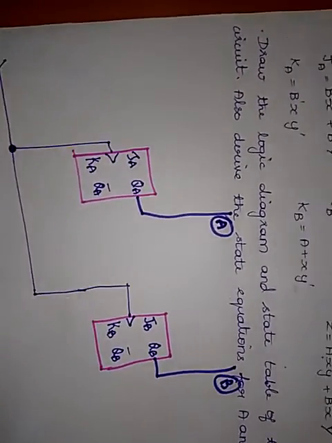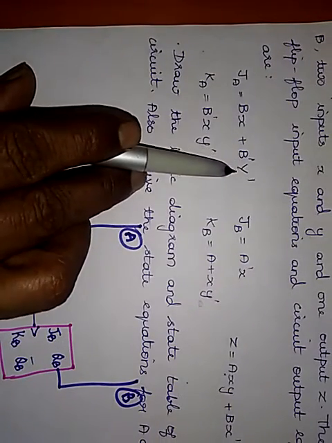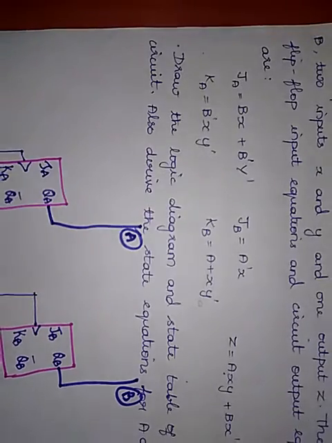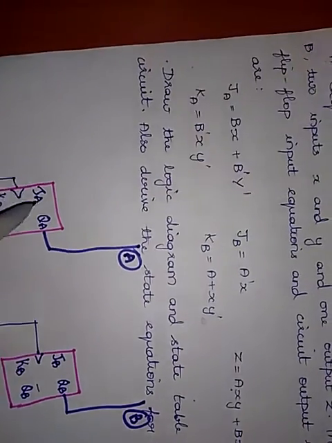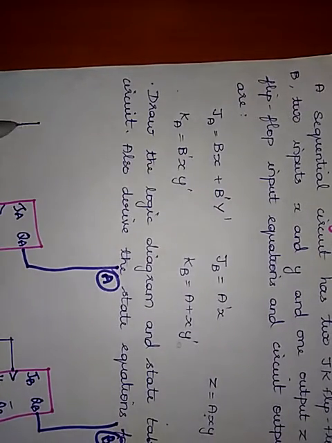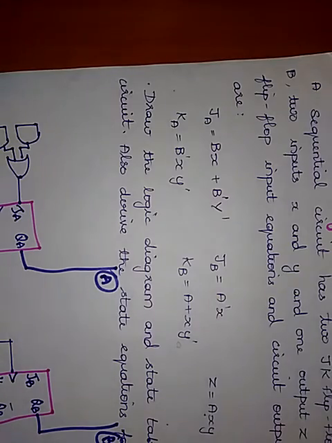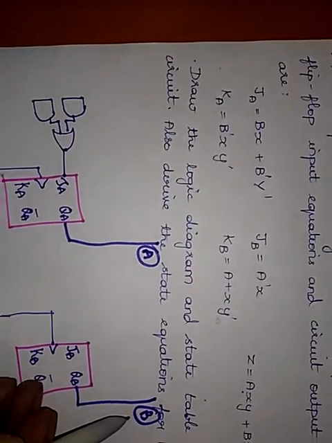Now what we have to do is, first you see the equation BX plus B dash Y dash. We all know that X and Y are the inputs. So JA is BX, so it's one AND gate, and you have another AND gate, and then OR gate, and the input goes to JA. Now BX, where B is from here.